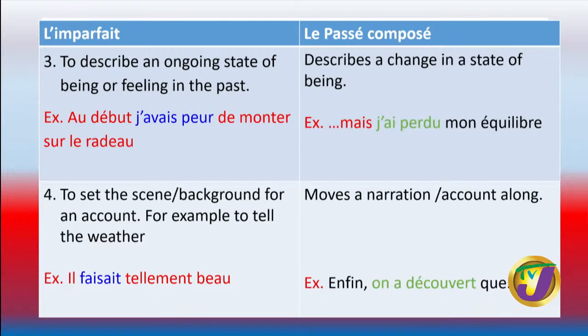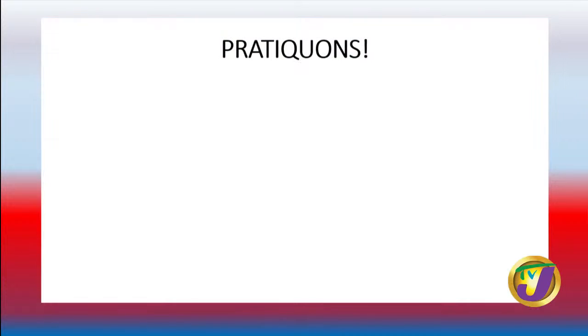And the last one, the passé composé is used to move a narration along. Enfin, on a découvert que. For example, on a découvert. So we discovered. And this is to help bring the story along. I think you learned quite a lot.